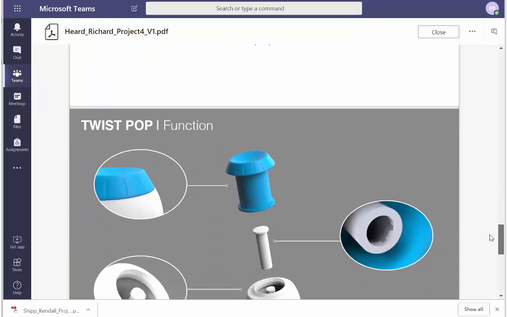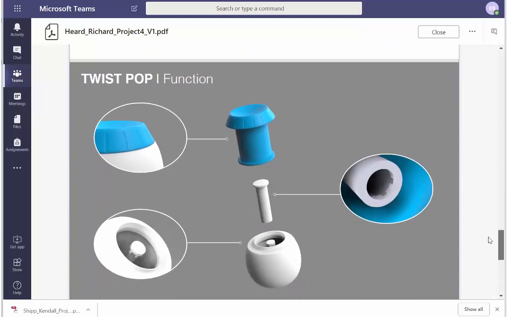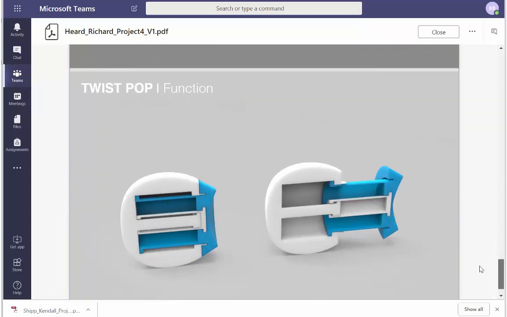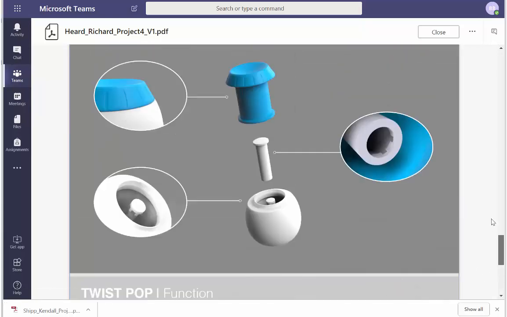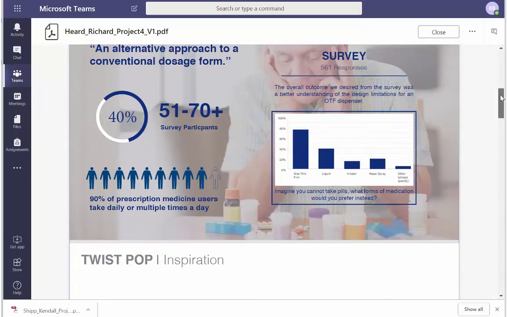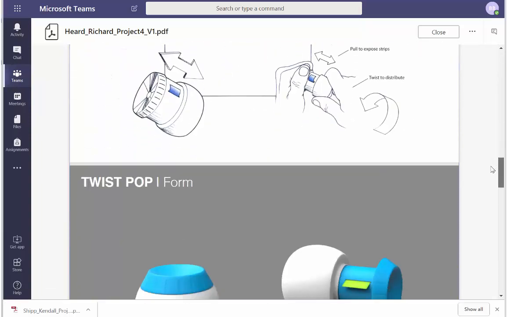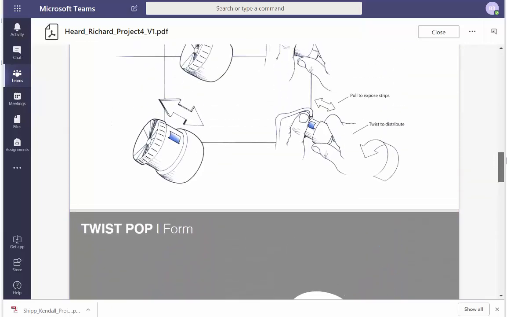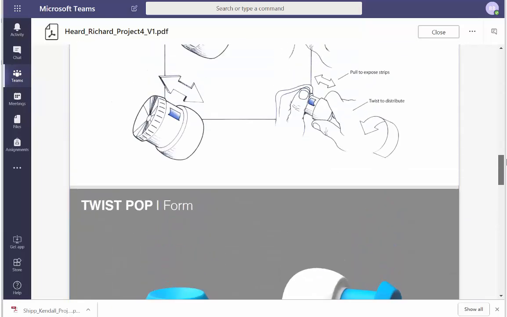All right, you told me this already. This is not its function. This is more an exploded view, which I don't understand. I think a video would do well here. I mean, the biggest problem is you're missing the intro. I don't mind you focusing your entire project on this one twisty pop solution.